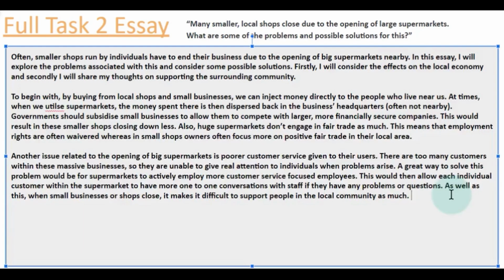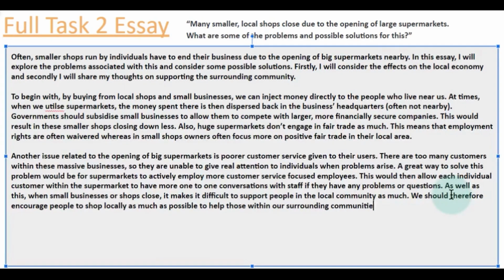So what's one of the solutions I can think of for this? Well, I would possibly say we should encourage people to shop locally as much as possible, possibly with discounts or things like this. We should therefore encourage people to shop locally as much as possible to help those within our surrounding communities.